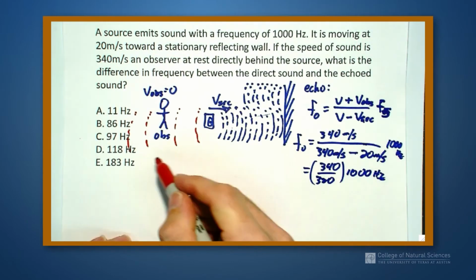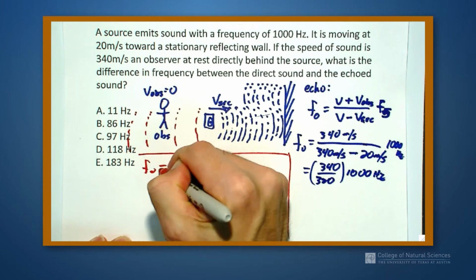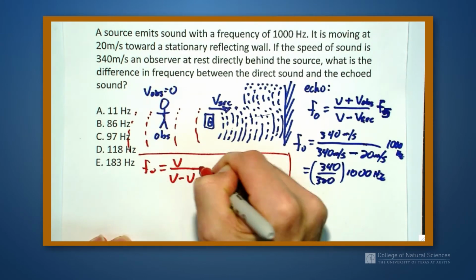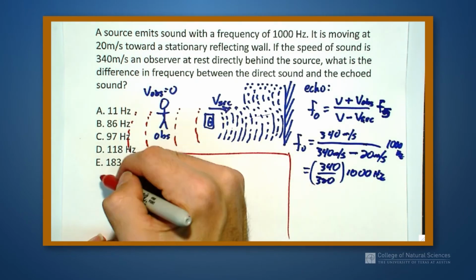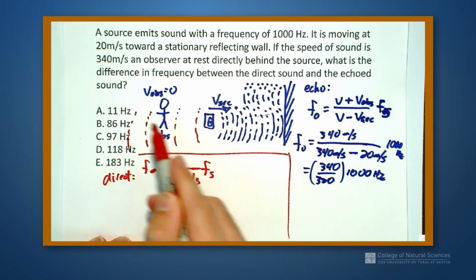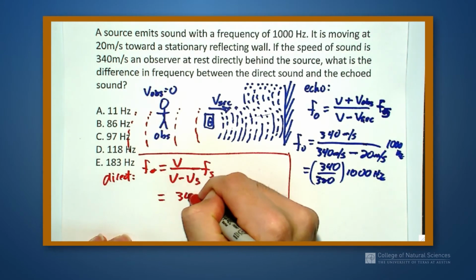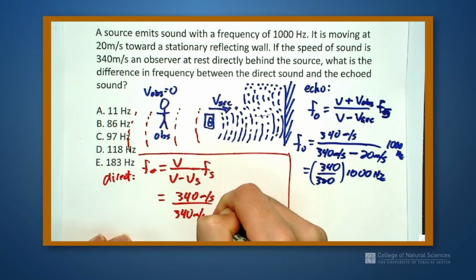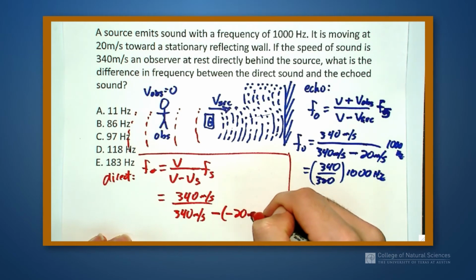Now if I do the same calculation again, for my observer, v over v minus v source, times the frequency of the source, this is going to be for the direct sound. So this is going to be the red sound waves that travel away from the speaker. So this is going to be 340 meters per second over 340 meters per second, minus 20 meters per second.